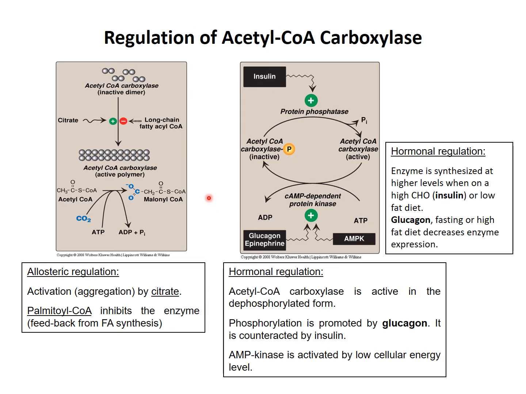So what did you learn? This enzyme, which is the committed step for fatty acid synthesis, is regulated by allosteric regulators and regulated by phosphorylation, dephosphorylation through different hormones and lack of energy, AMP kinase.